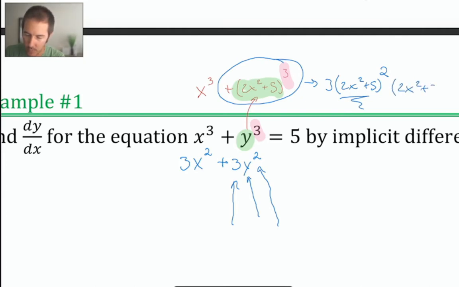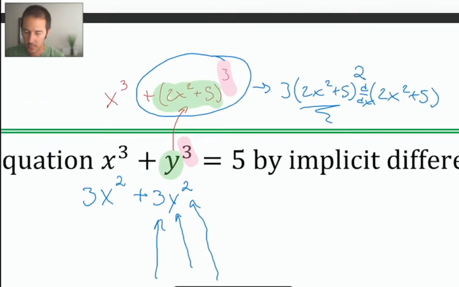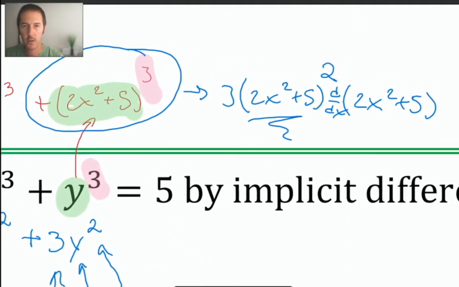I'm going to write 2x squared plus 5, and we could put a prime on it, or instead of using the prime symbol, we could say that we're taking the derivative with respect to x of 2x squared plus 5. So in case that's a little small for you, depending on what you're watching this video on, that does say d over dx, which means the derivative with respect to x of 2x squared plus 5.